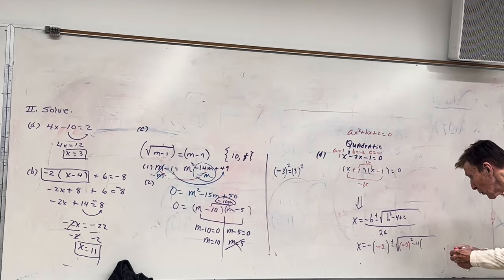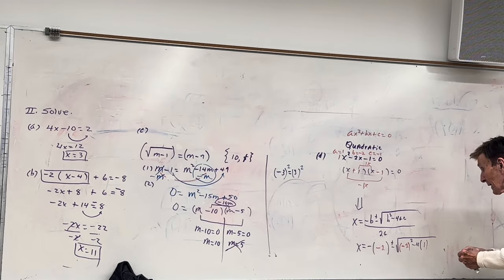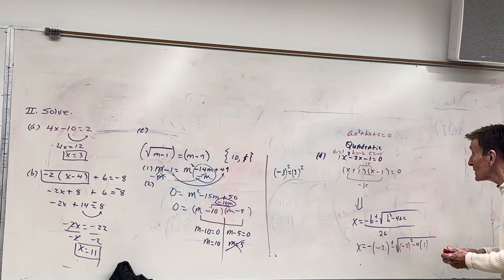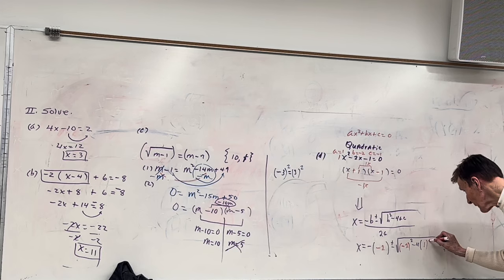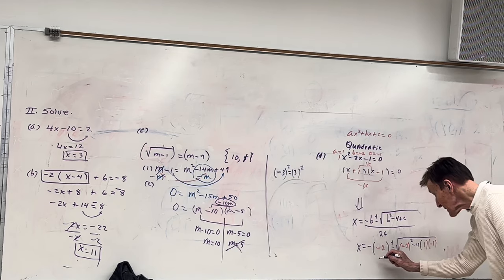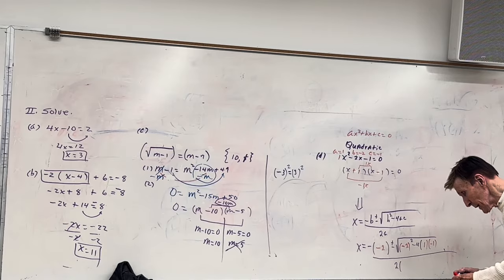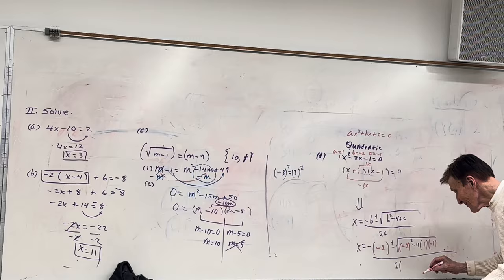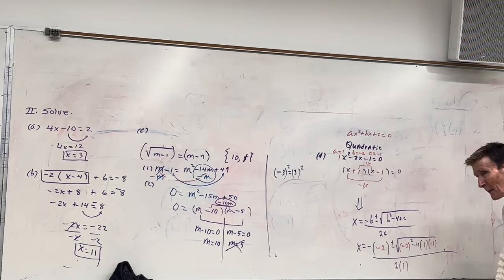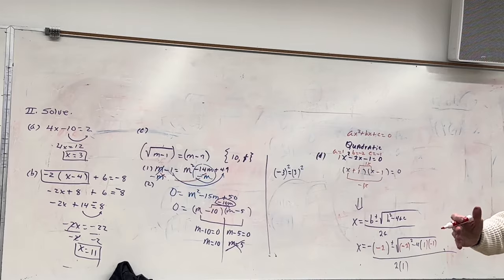A is understood to be a 1. No problem. C has been identified as, what was that up there? Negative 1. Go ahead and write down. And all that's over 2 times a, 2 times understood to be a 1. Did I put the numbers in correctly? I hope. The a, b, and c.